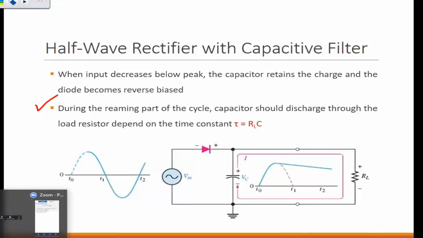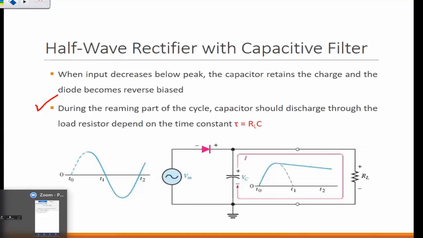And what's the benefit of having a bigger cap? So your ripples will be smaller if you have a bigger capacitor or bigger resistor, but usually we don't have control over the load. So the design goes with a bigger capacitor.